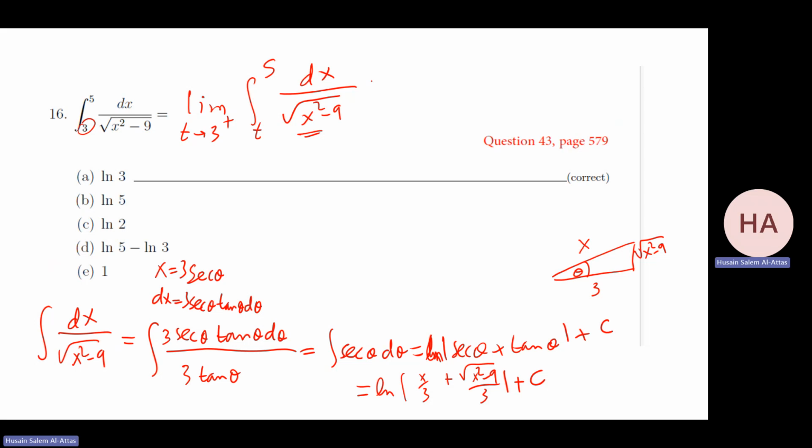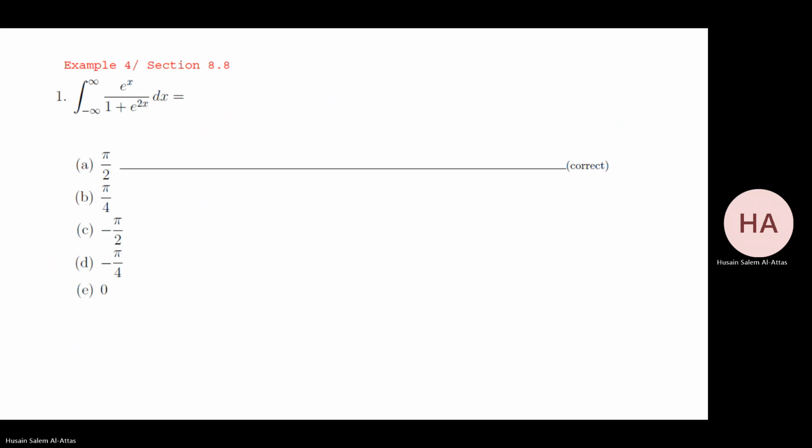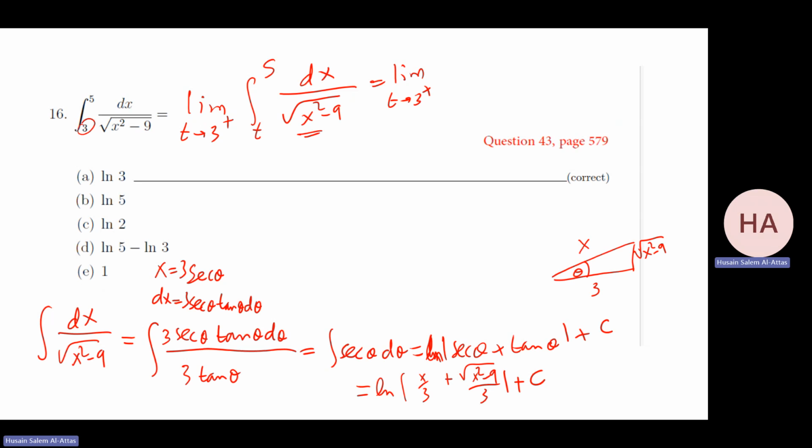Okay, so that will be limit t goes to 3 from the right of this expression, and then x from t to 5.